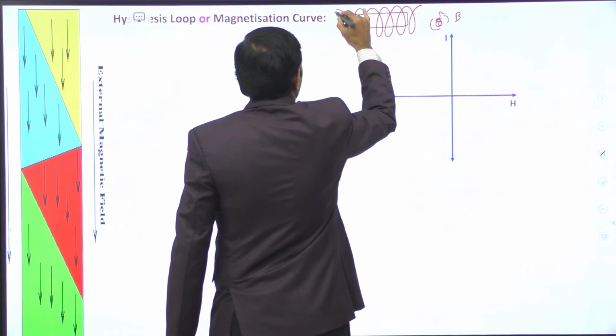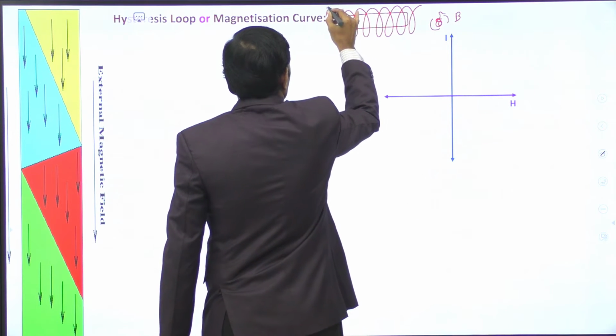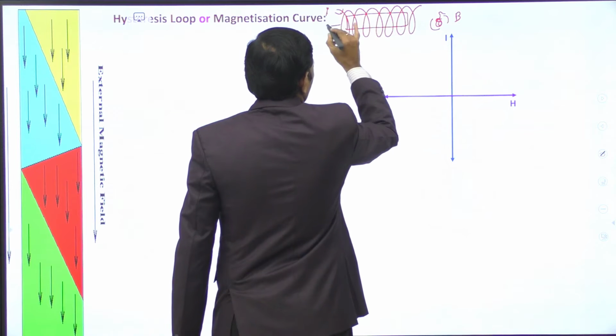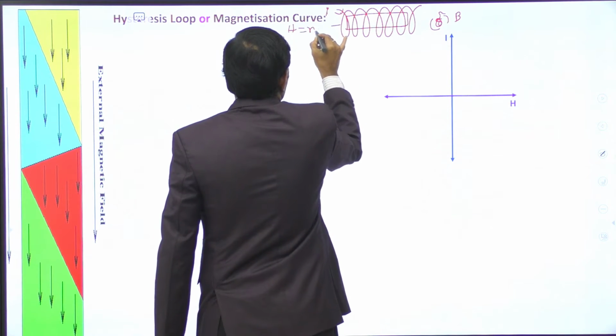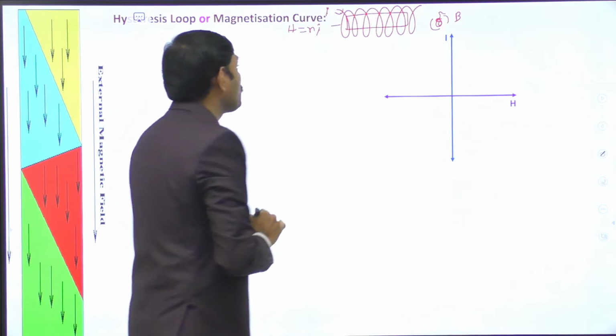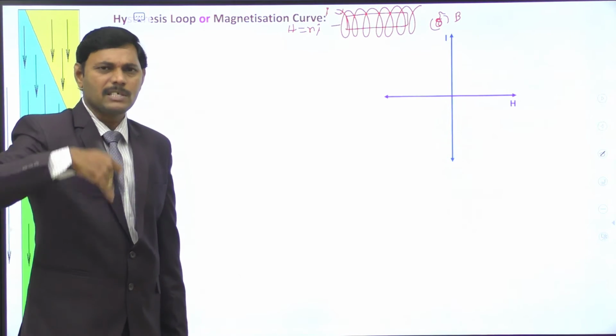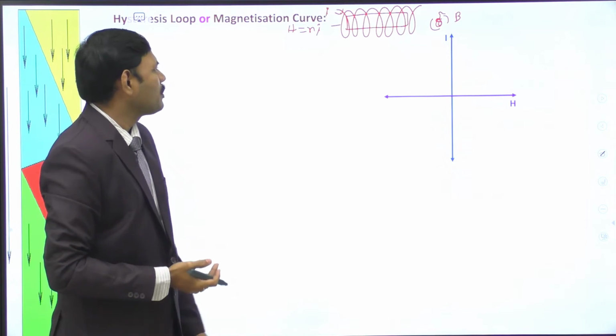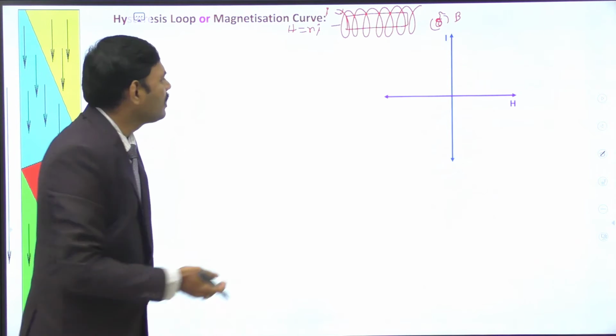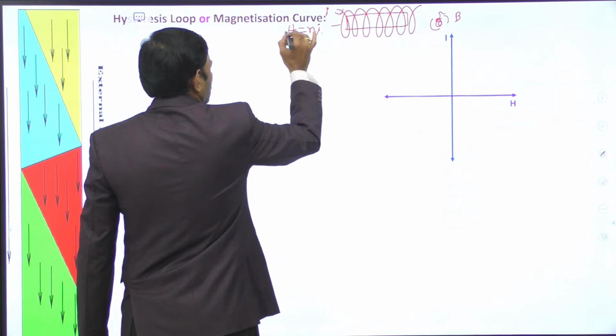When you allow current to pass through the solenoid, a magnetic field is applied. The H acting is Ni, and B is mu naught Ni. Already we have a clear idea about the magnetic field along the axis of a solenoid. Then the magnetizing force is B by mu naught, so Ni, where N is the number of turns per unit length and I is the current passing through the solenoid. As I varies, H varies.